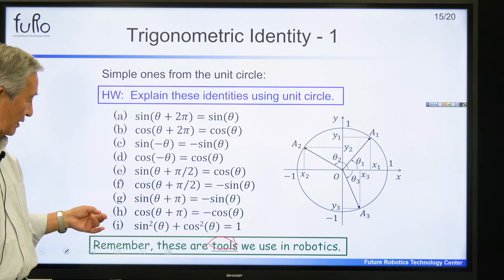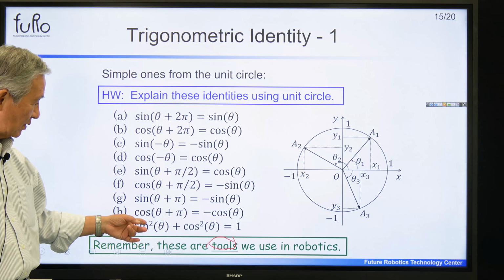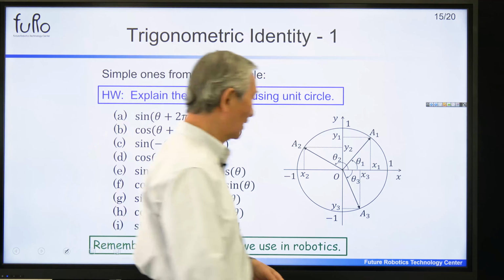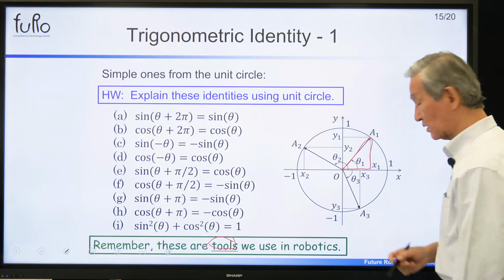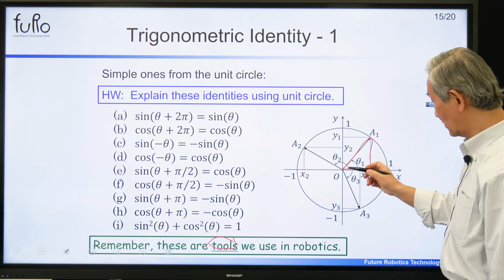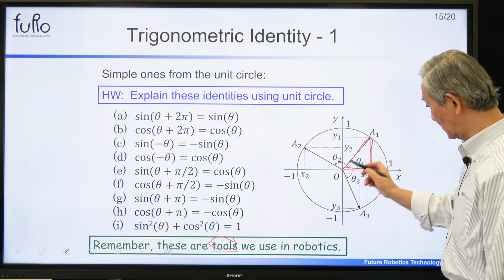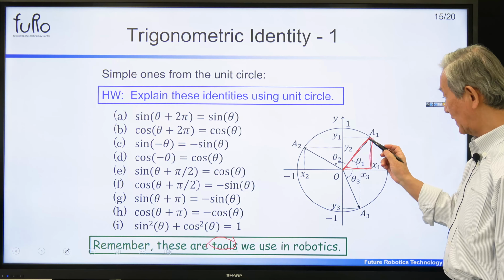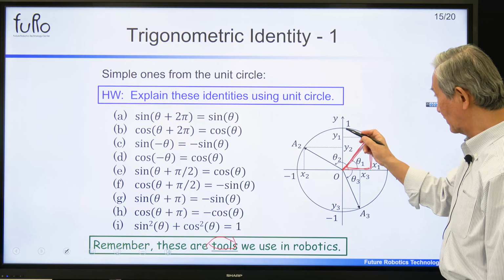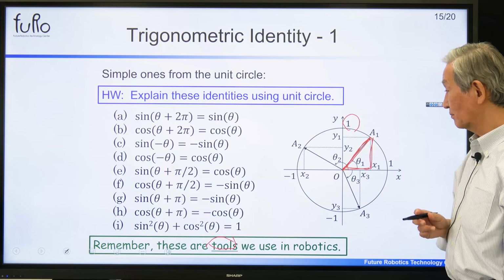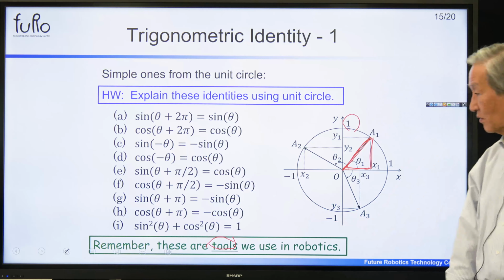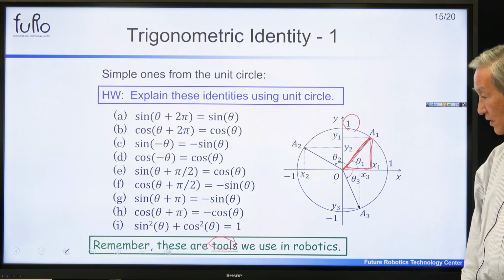Probably most interesting is the final one, sine square plus cosine square is equal to 1. Because whichever the one, let's take a look at this one here. This is a right triangle. So this square plus that square has to be this square. And that is equal to 1. Okay? Unit circle. So that square plus square is equal to 1 for any angle theta.